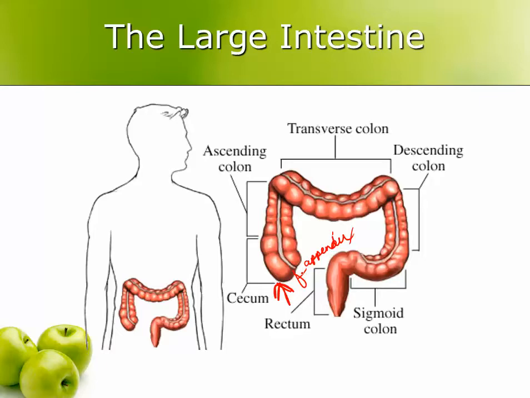But what happens is the appendix will collect bacteria and things like that, and that's how it gets infected. And then that's what's called appendicitis. Remember, inflammation, itis? Okay, so the undigested food will travel up the ascending colon, then across the transverse colon, and then down the descending colon until it gets to the rectum, and that's where it will exit.